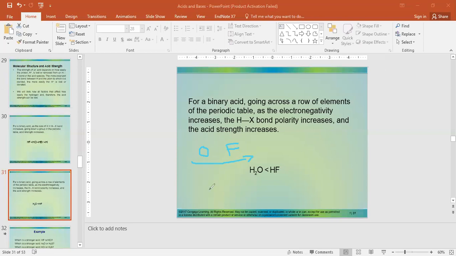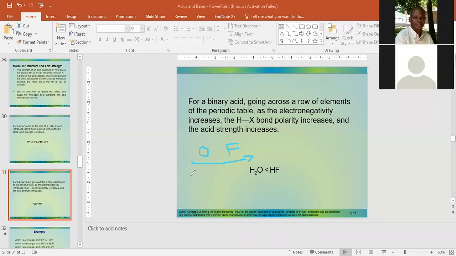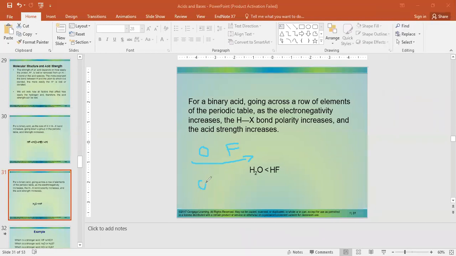Therefore, if you have oxygen, hydrogen, and hydrogen, then you have hydrogen and fluorine. Now, if we look at the relative sharing of these bonds, for hydrogen, you may say it is here. It is here.